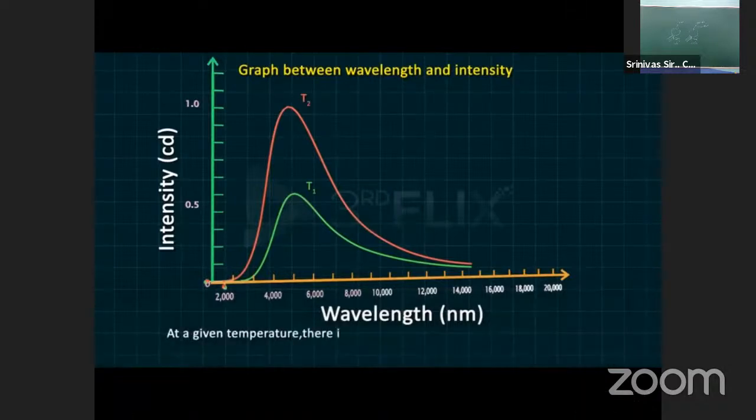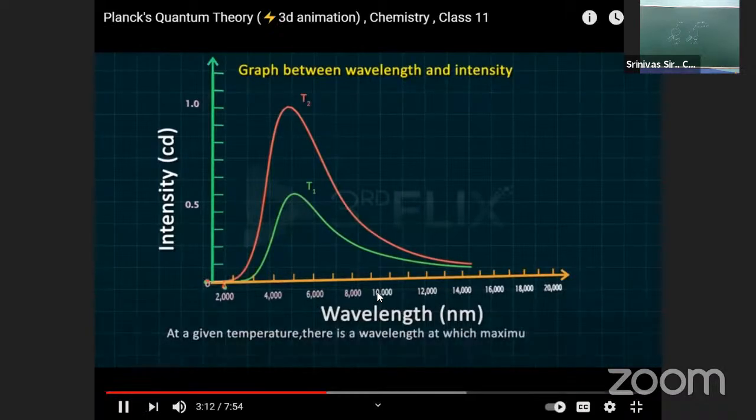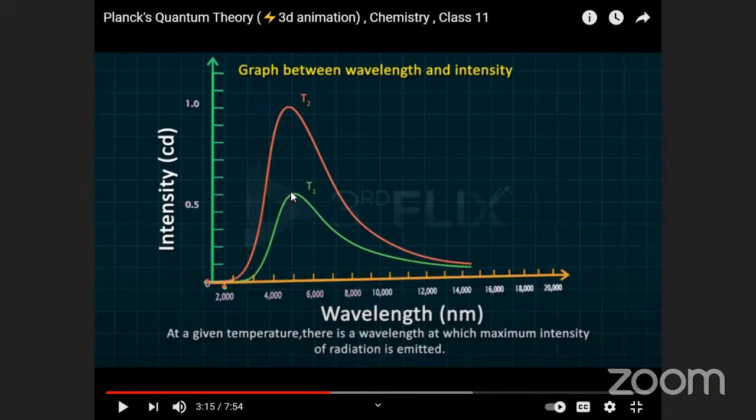At a given temperature, there is a particular wavelength at which the radiation emitted has maximum intensity. Suppose at a given temperature T1, when you look at the entire green curve, where did you notice the maximum intensity? This is the point. Approximately 5,000.